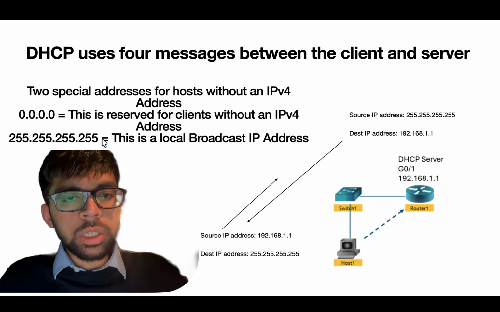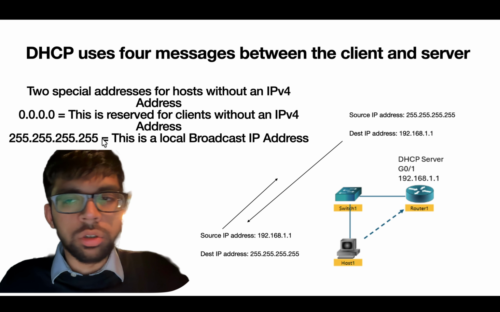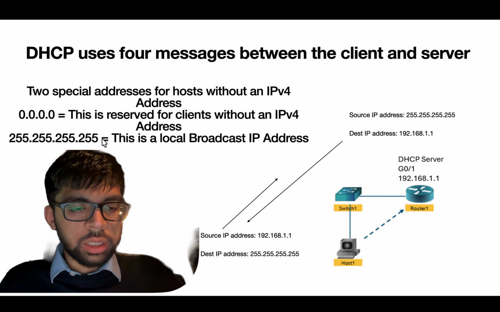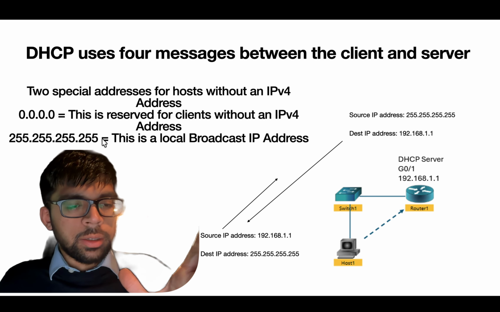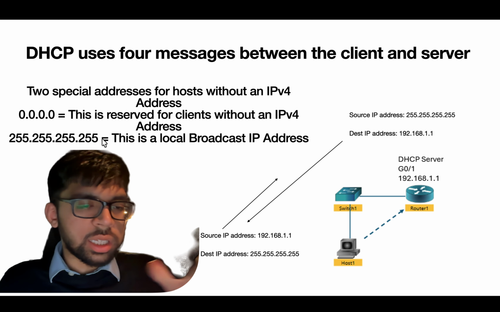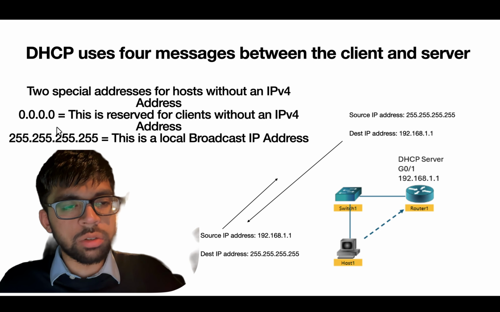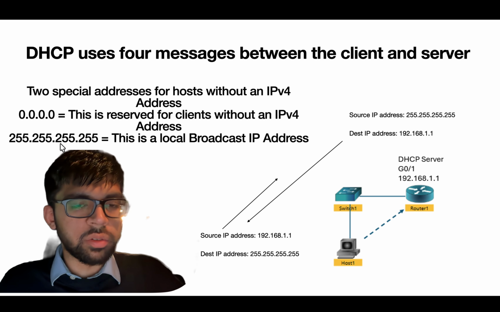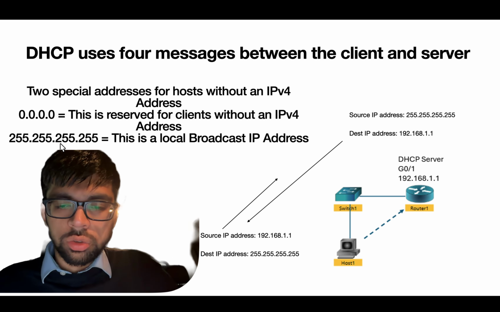These are two special addresses that are okay for hosts that don't have an IPv4 address. They don't have an IP address yet, so 0.0.0.0 is reserved for them, and 255.255.255.255 is the local broadcast IP address that it can use.